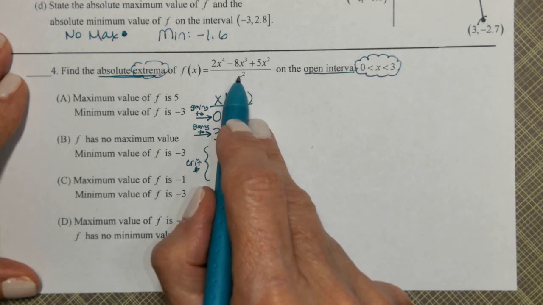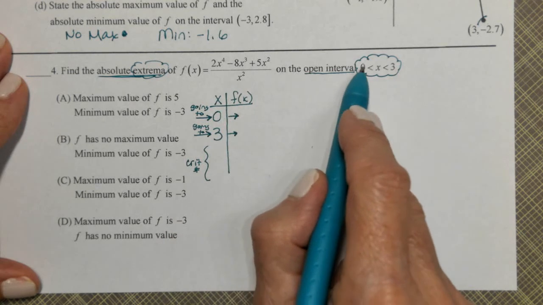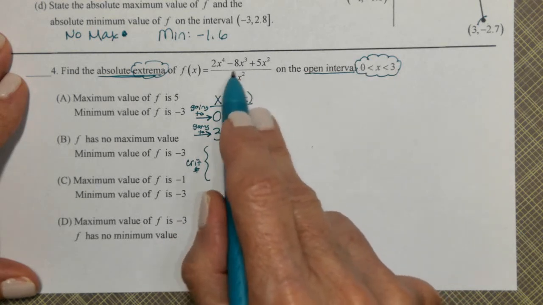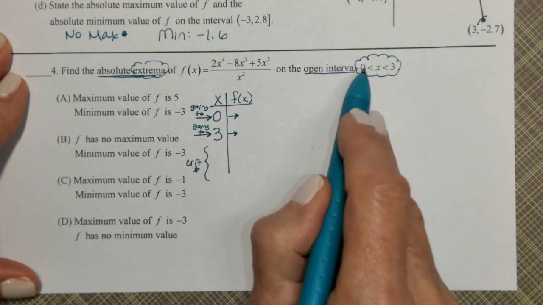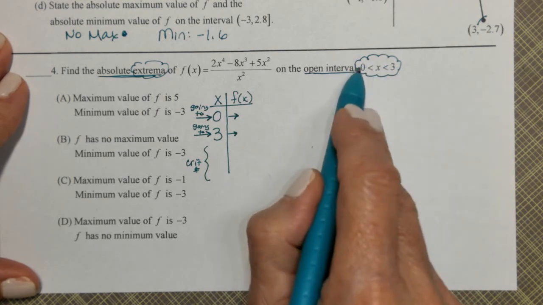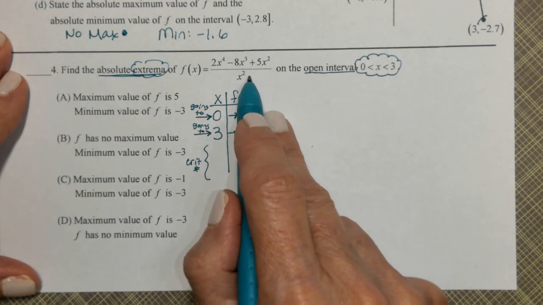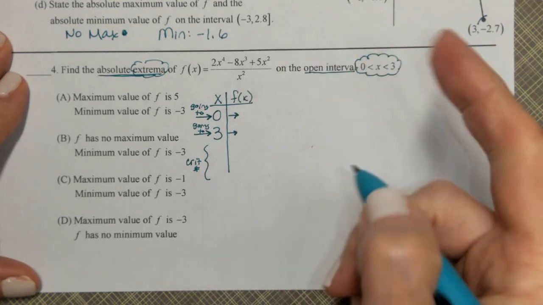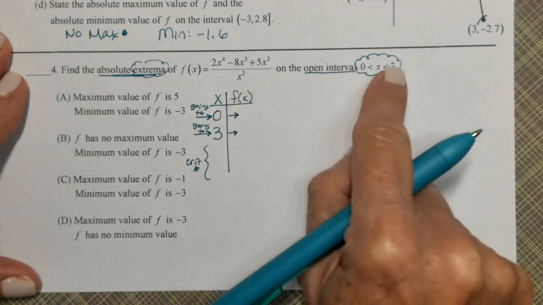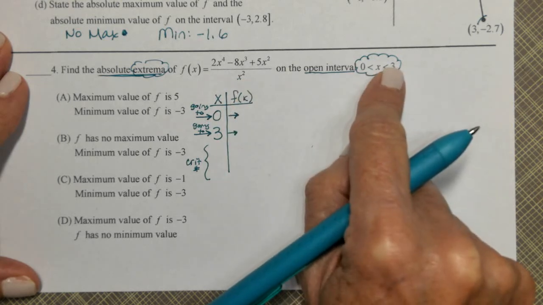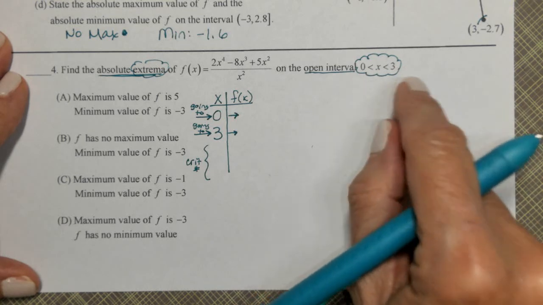Normally, you couldn't just do that, because there is a value of x that makes the denominator 0, but 0 is not in our interval. So we can totally do that, only because the 0 is not in our interval. Otherwise, we couldn't do it for every x value; we would have to examine that.